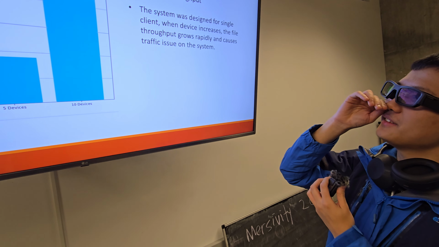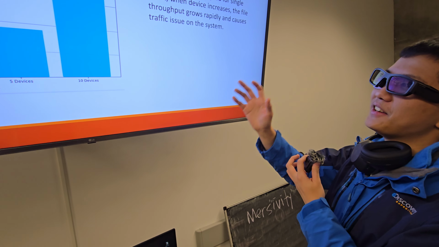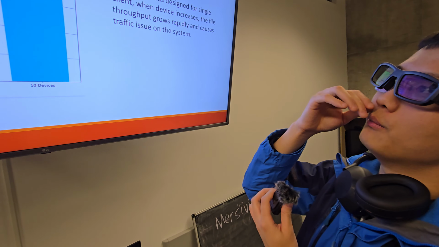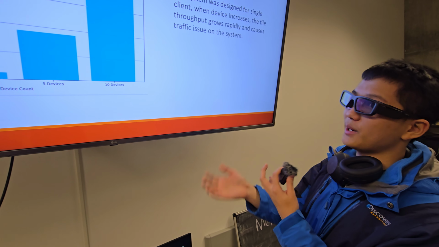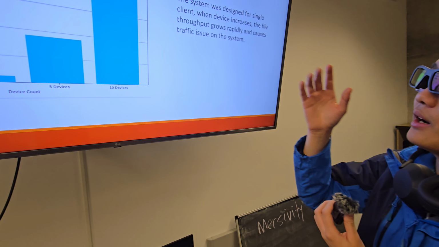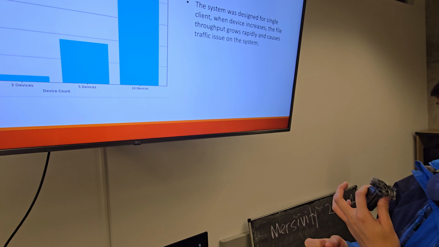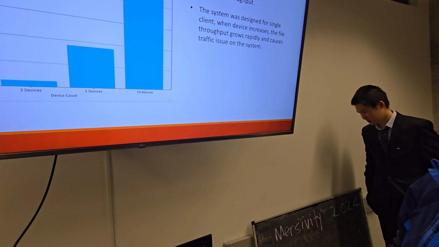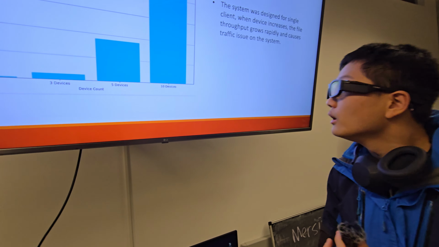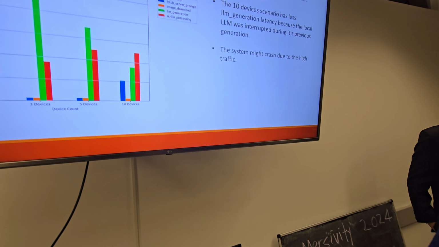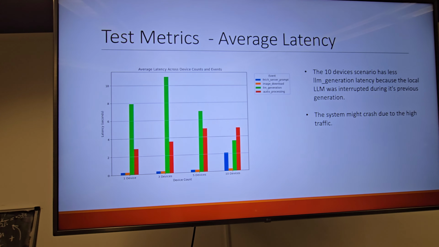That's actually not a good sign in this situation, even though we probably want the throughput to be as big as possible, because the system will probably get overloaded and not be able to operate at all.